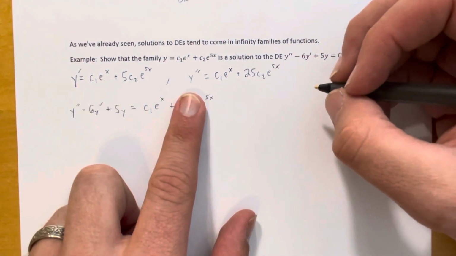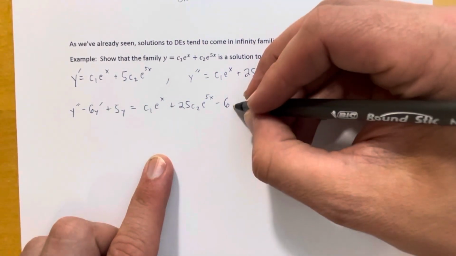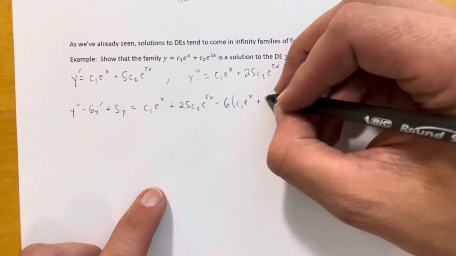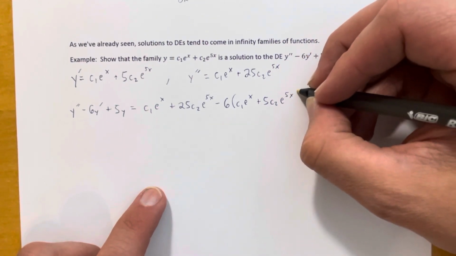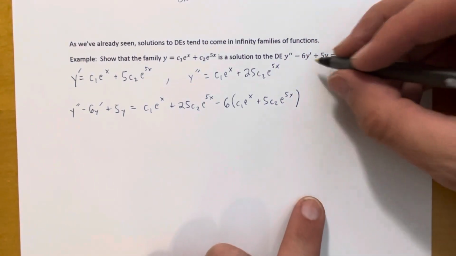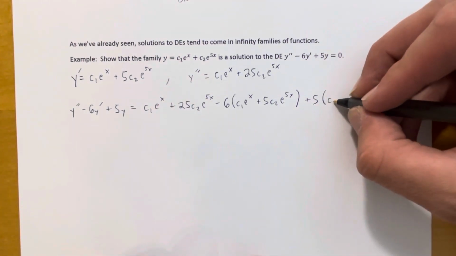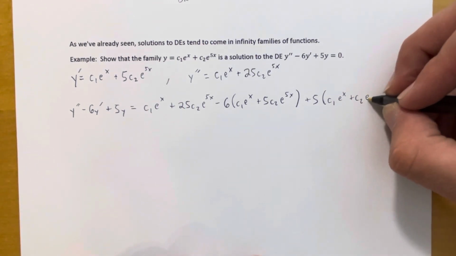That's my y double prime. Next up, I have minus 6 y prime, which is this guy, c1 e to the x plus 5 c2 e to the 5x. Okay, plus 5y. So plus 5 times the original function, c1 e to the x plus c2 e to the 5x.